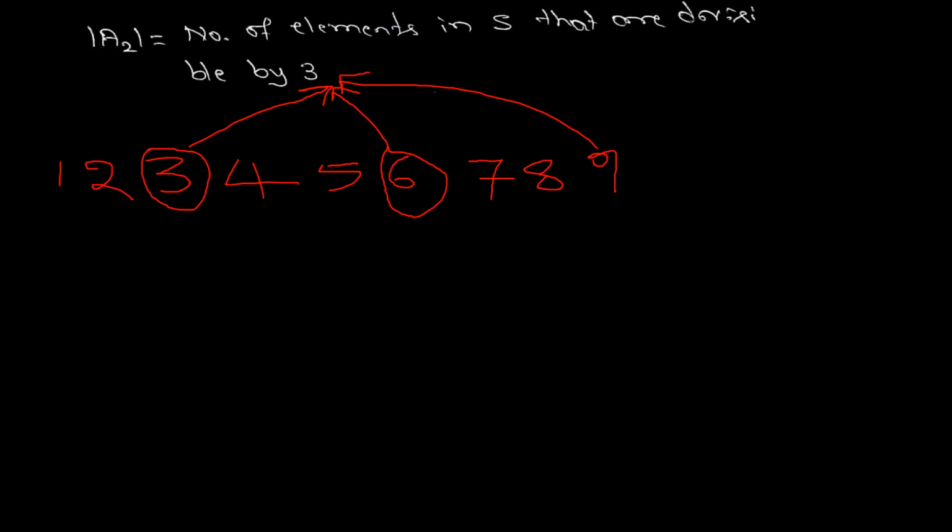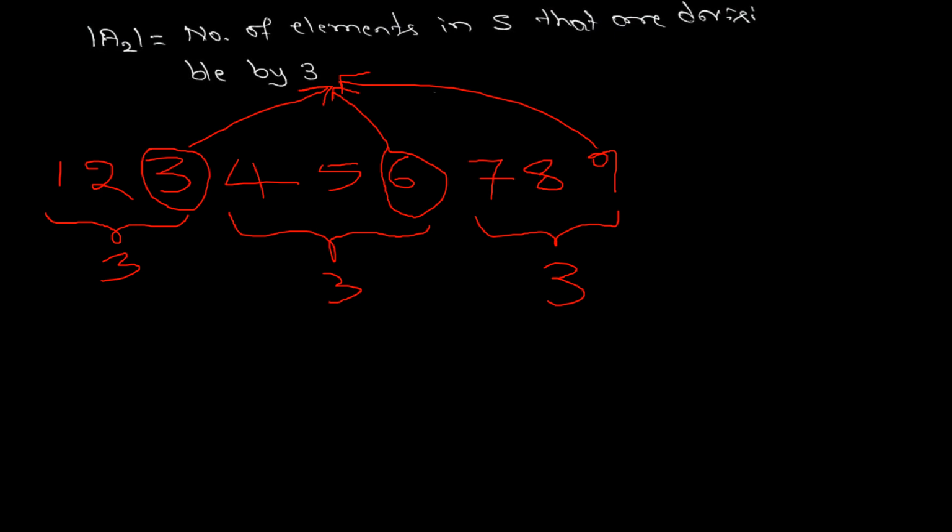Now if you see, there is a partition of the whole set into pieces, each of size 3. See, from 1 to 3, then 4 to 6, 7 to 9. So this is of length 3, this is of length 3, this is of size 3.